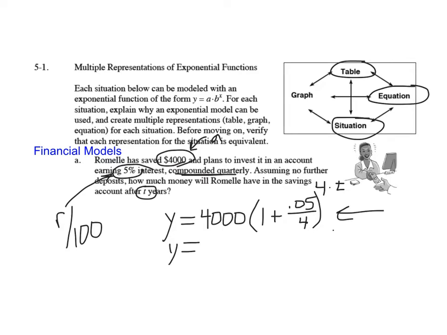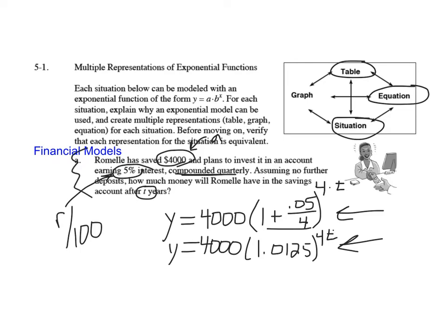Another way to write this equation is to simplify it a little bit. 4,000 times everything in here is 1.0125, to the 4t. There's an equivalent expression for this situation.